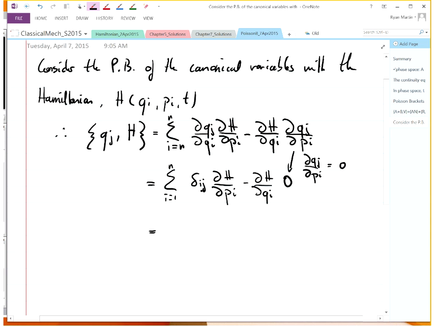The first term, this Kronecker delta, is always equal to 0 unless i is equal to j. So it's a sum of δij ∂H/∂pi, but in that sum, the only term that's going to survive is the term when i is equal to j. There's only one term left, and that term is ∂H/∂pj.